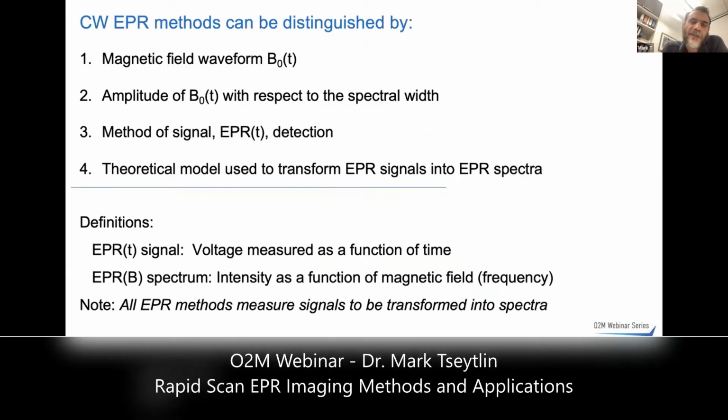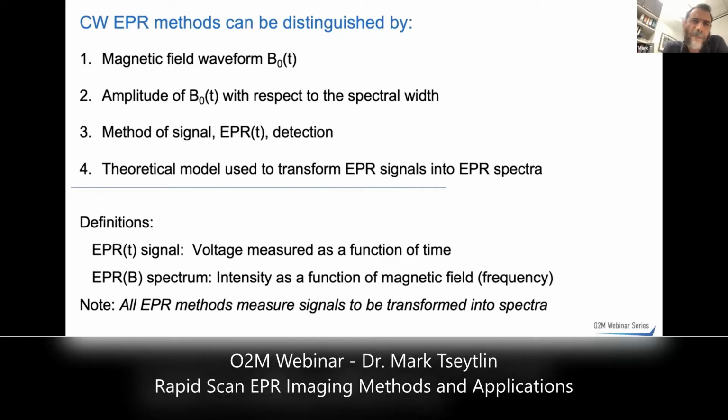What I'm suggesting here is that all CW EPR methods can be distinguished by four factors. The first is the magnetic field waveform. The second is the amplitude of the magnetic field change with respect to the spectral width. The third is the method used for detection, and the fourth is the theoretical model used to transform EPR signals into an EPR spectrum.